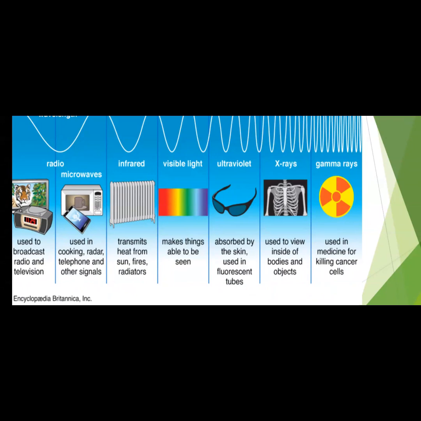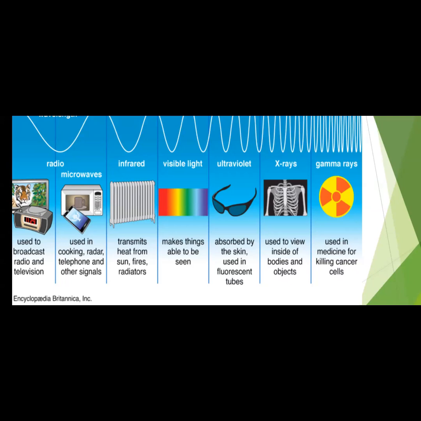Visible light, we know that we can see the light of the sun, that is visible light. We are using that visible light in the solar heater and the solar cooker. Ultraviolet rays are absorbed by the skin and used in fluorescent tubes also. We cannot see ultraviolet rays, but they penetrate our skin.